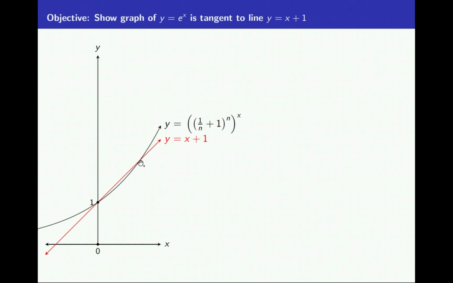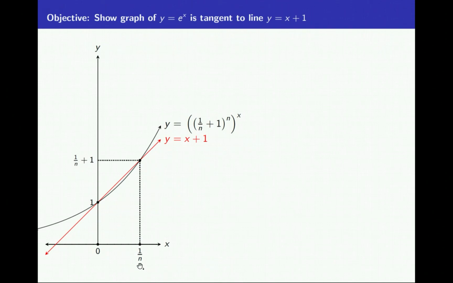But they also cross at a different point, right here. And if you think about it, you can see what x value that is. It's 1 over n. Now if you take 1 over n and you plug it into y equals x plus 1, you're going to get 1 over n plus 1.